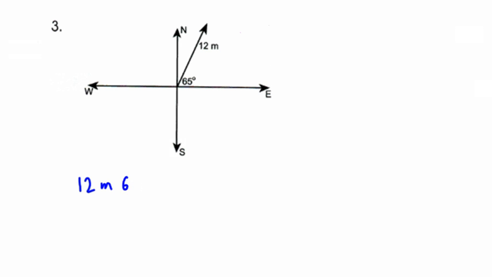I'll just say at 65 degrees, and what of east? Well, it's going to be north of east. So just for perspective, whatever axis that angle lies next to should be the of. So that's how we know that it's of east.